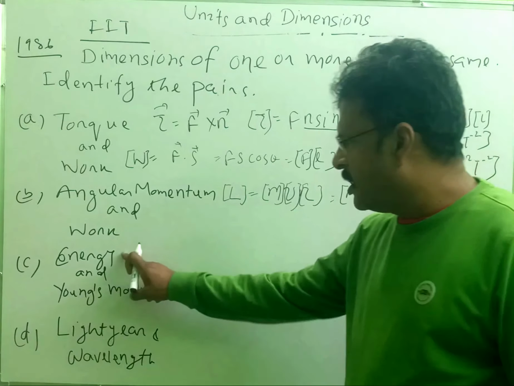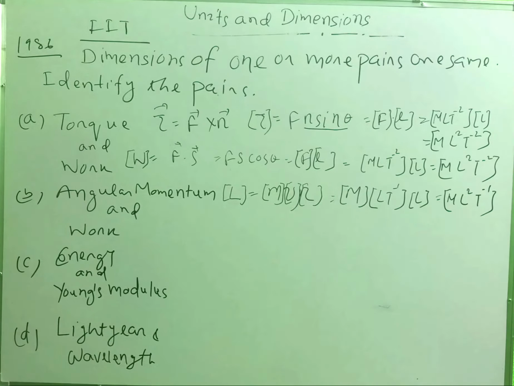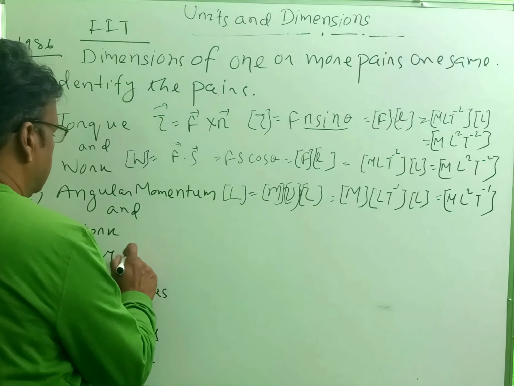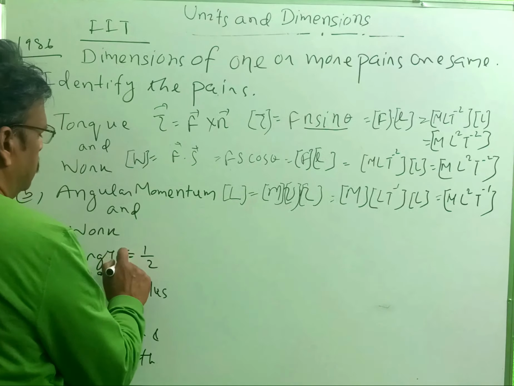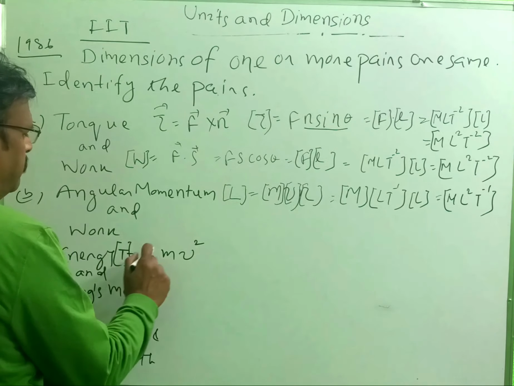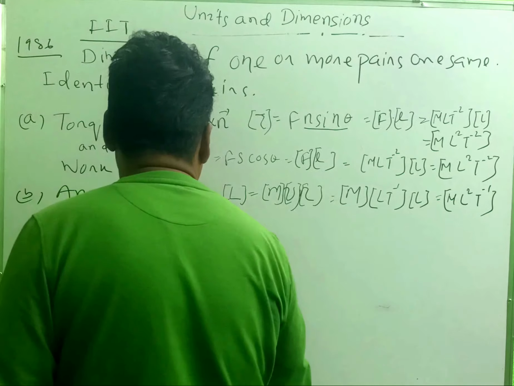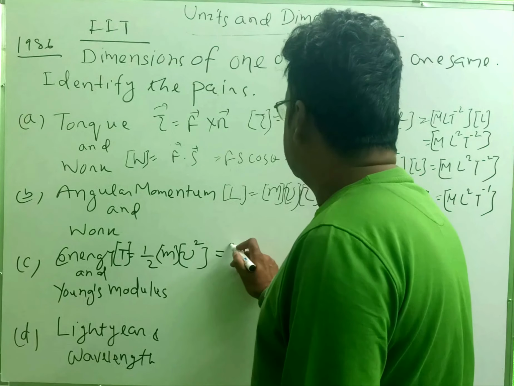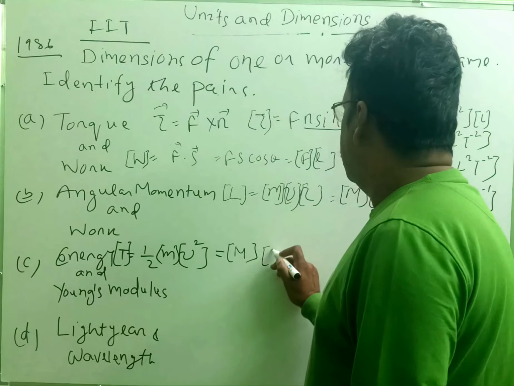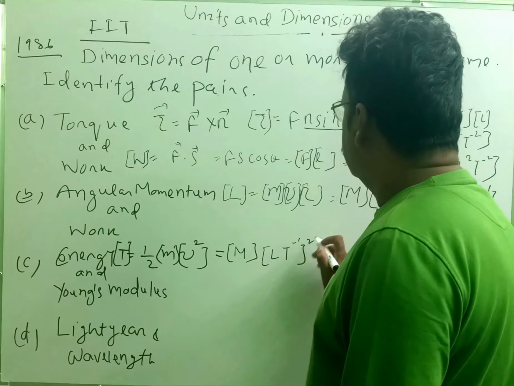And let us see what is the dimension of energy, student. Every energy has one dimensional formula. For example, let us take the kinetic energy, denoted by T. T is equal to half mv squared. So the dimensions of T will be the dimension of m into the dimension of v squared. The dimension of mass is M, and the dimension of velocity is LT^-1 squared.